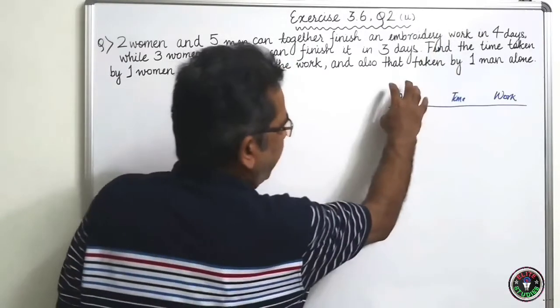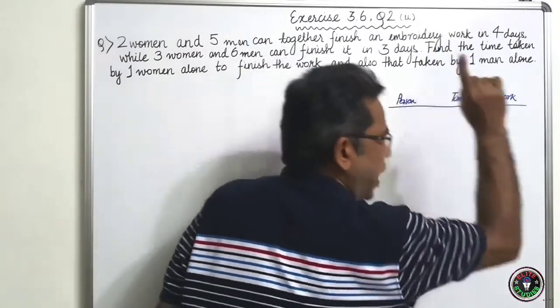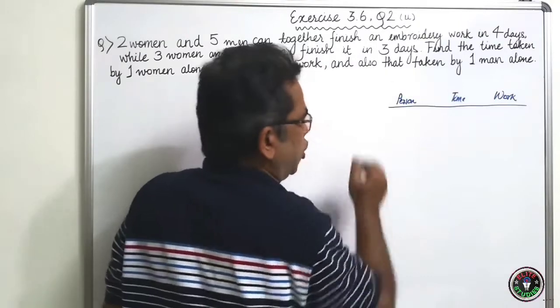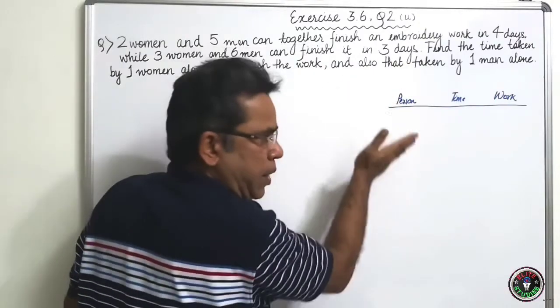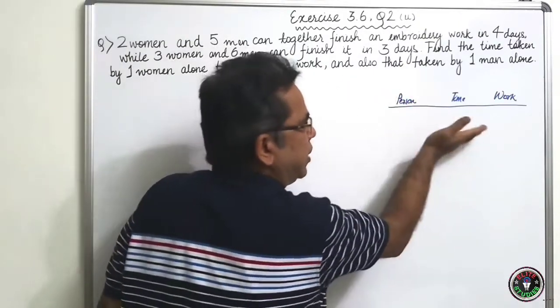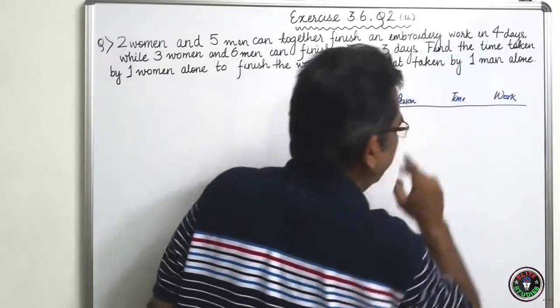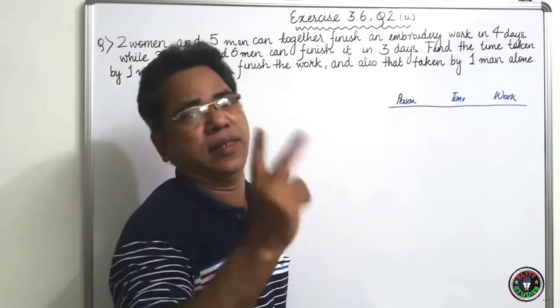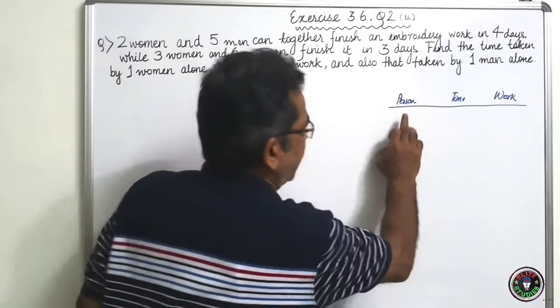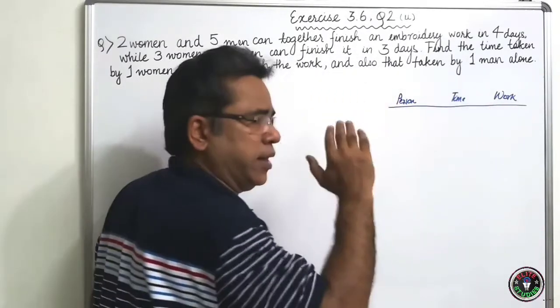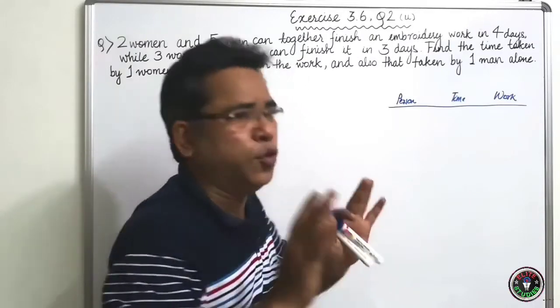For example, suppose 5 persons take 1 day to complete a work. If you depute only 1 person, the time required will be more. So here person and time have an indirect relation, whereas person and work, time and work have a direct relation. Here you have to think a little bit.